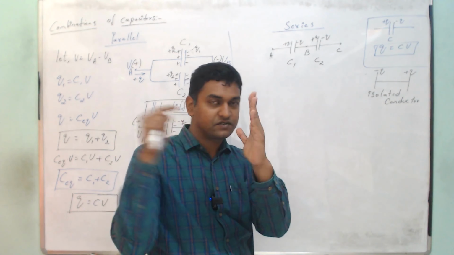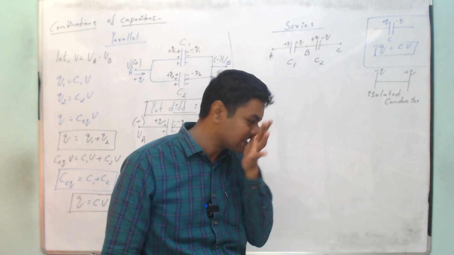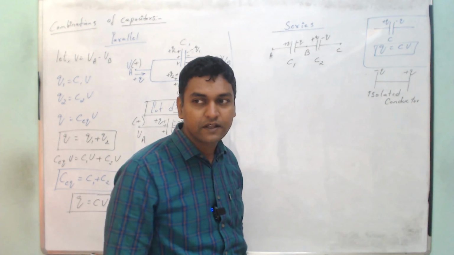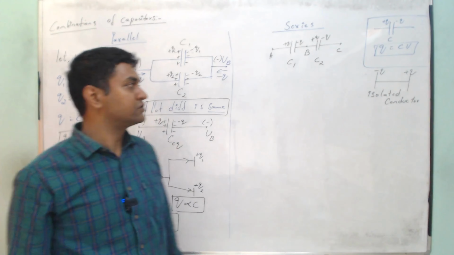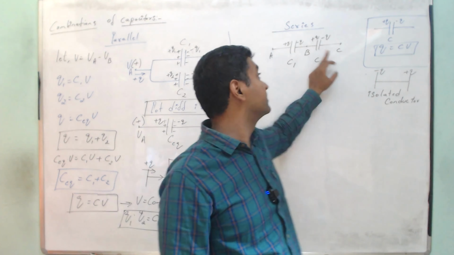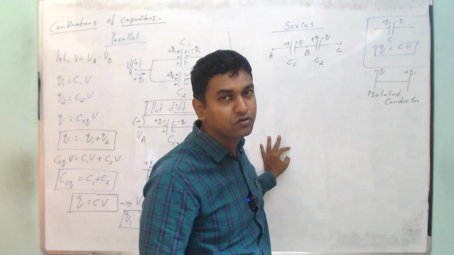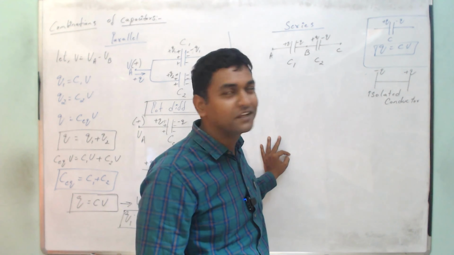Positive charges, negative charges, electric field from positive to negative. Last class, day before yesterday, we did it. Anyways, because of isolated conductor, I can say that positive charges plus Q is accumulated here, negative charges minus Q is accumulated over here, right? Keep thinking, no problem.